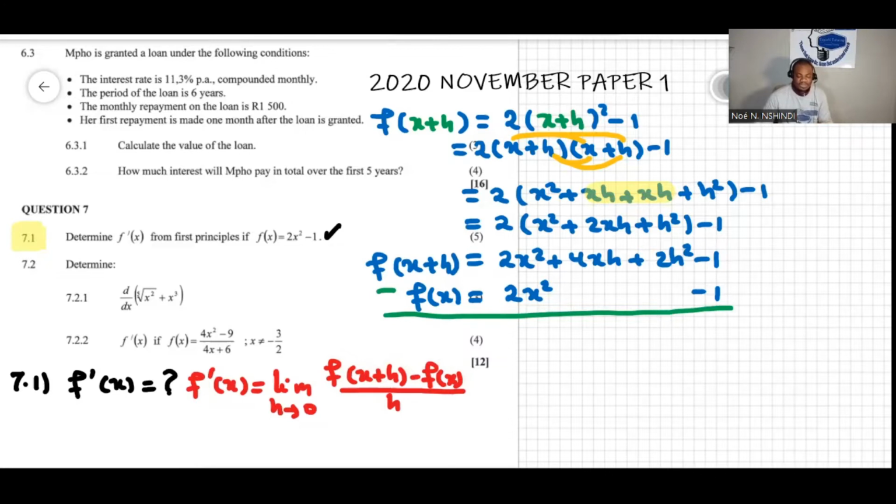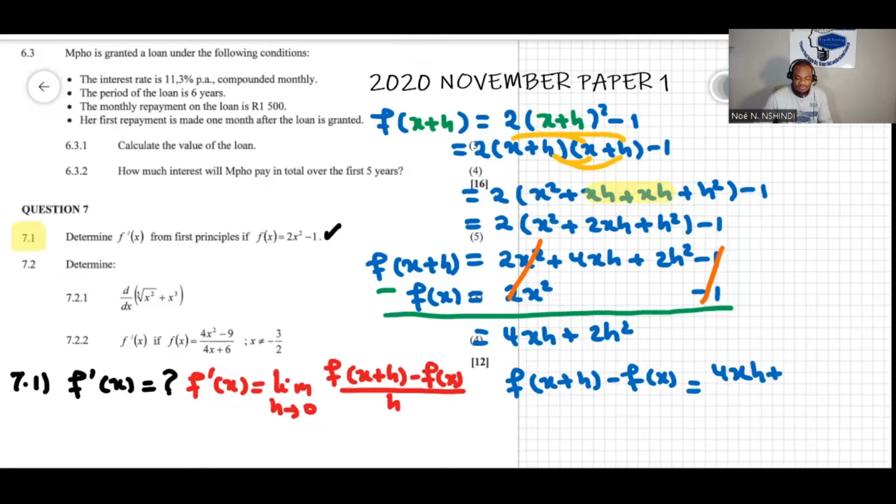Now, 2x squared and 2x squared will cancel, and negative 1 minus negative 1 will cancel, and the difference will be equal to 4xh plus 2h squared. Therefore, we have f of x plus h minus f of x equal to 4xh plus 2h squared.